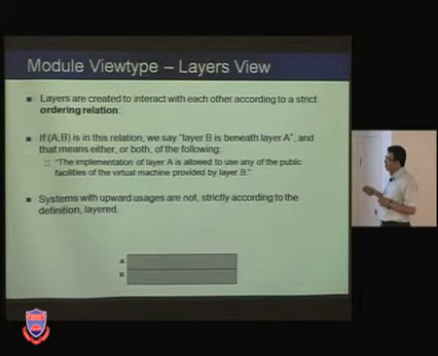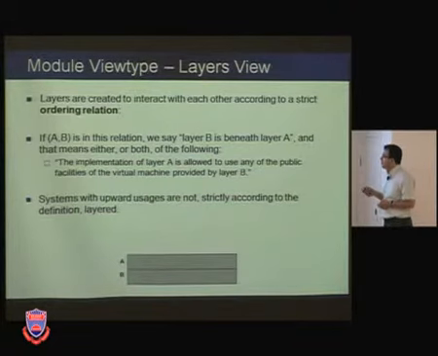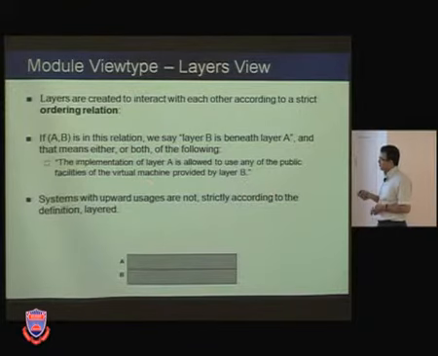The relation is as such: if A, B, these are the layers, is in this relation, we say layer B is beneath layer A, and that means the implementation of layer A is allowed to use any of the public facilities of the virtual machine provided by layer B.